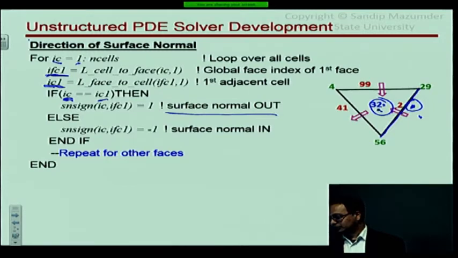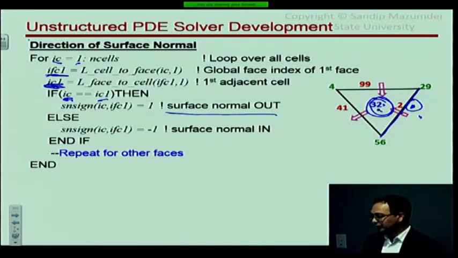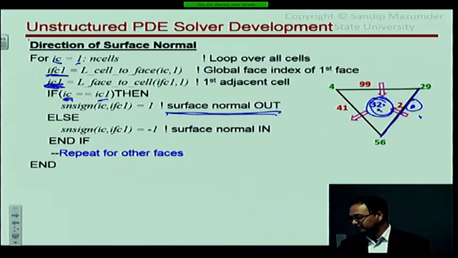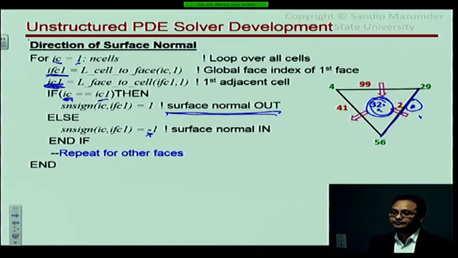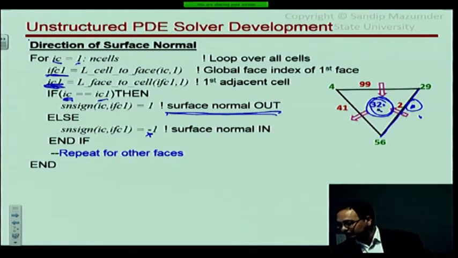In other words, whatever cell number you started with is the same as what this returns. So the surface normal is already pointing outwards. Otherwise, you flip the surface normal and assign a negative sign to it. So this is the sign of the surface normal that I'm storing.